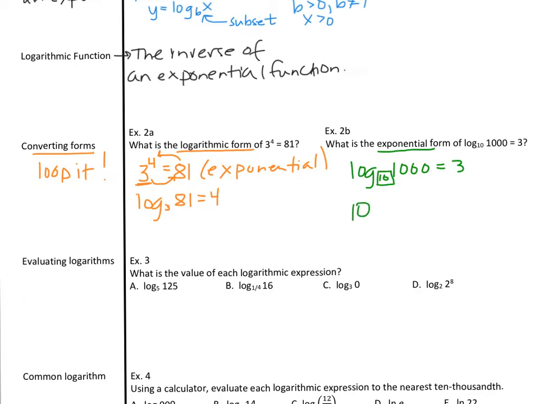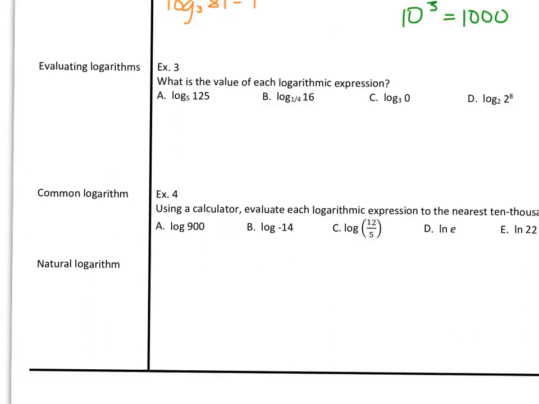And then we do that arrow looping. We're going to raise 10 to an exponent of 3, and it's going to equal 1,000. And again, all you're doing is changing forms. We're not solving anything in this step. We're just going from one form to the other, either exponential or logarithmic.